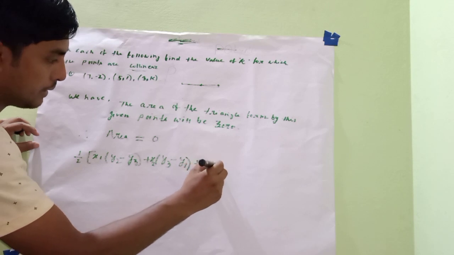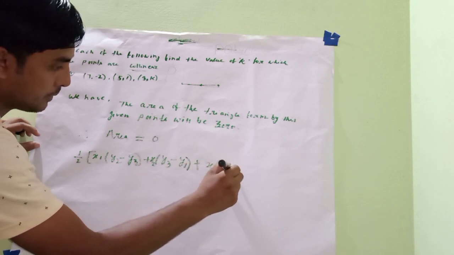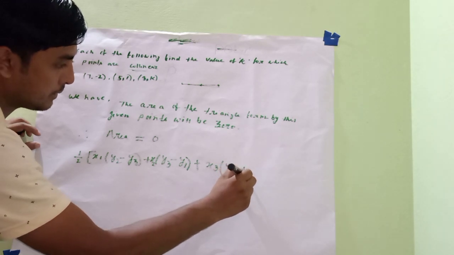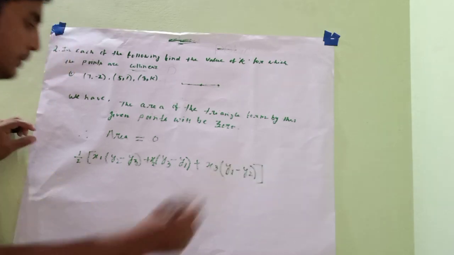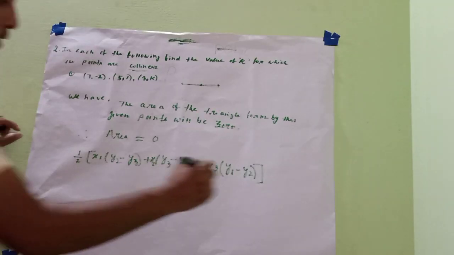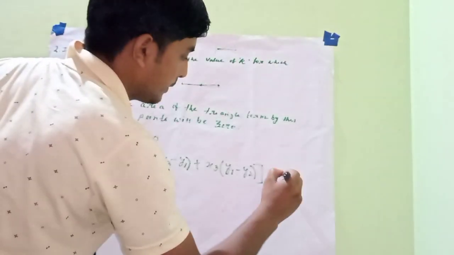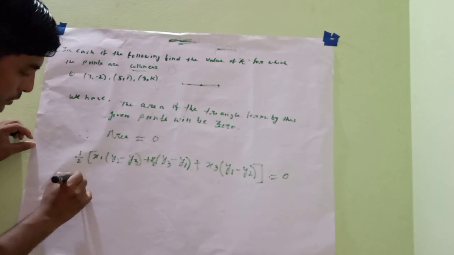Similarly the third part, x3 times y1 minus y2. All of you understood this formula? Clear? Now this is equal to 0.